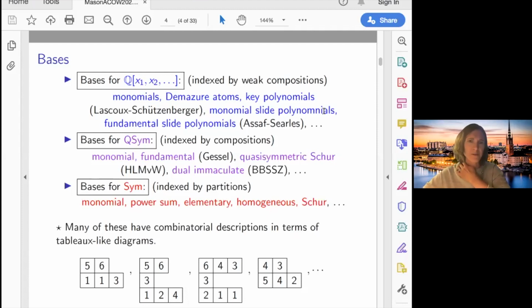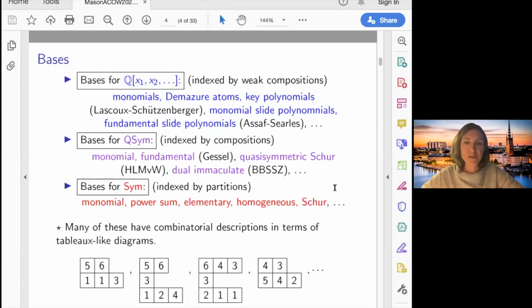In QSym, which we're going to use purple for, and these are indexed by compositions, which are sequences of positive integers, we have monomials, the fundamentals, quasi-symmetric Schurs, and dual immaculates, all bases for QSym that are closely related to Schur functions and could, for various reasons, be considered as quasi-symmetric analogs of Schur functions.